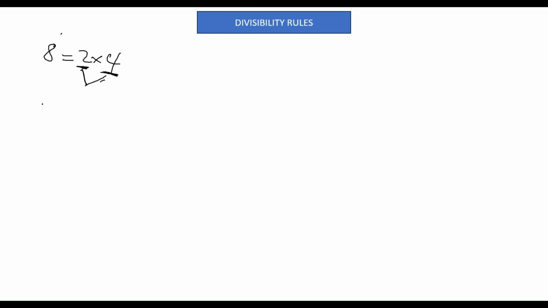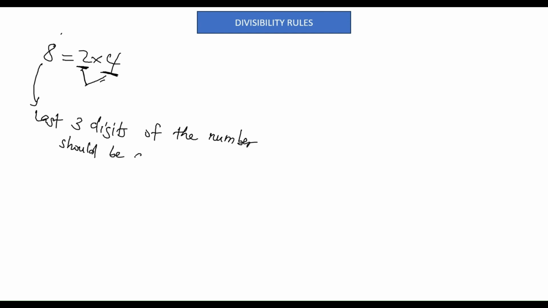So let's look at this. The main condition for 8: if a number is divisible by 8, then the last 3 digits of the number should be divisible by 8.